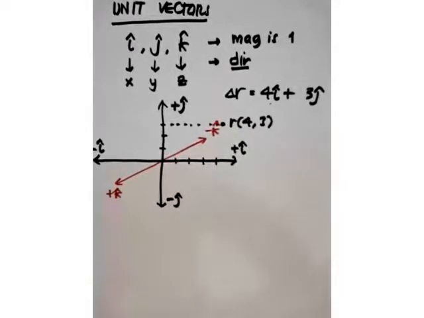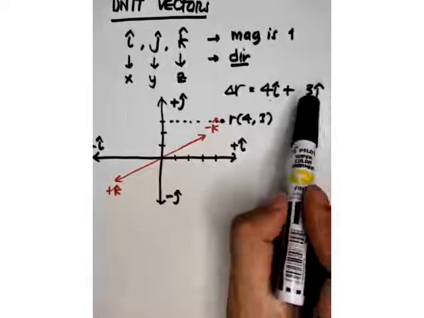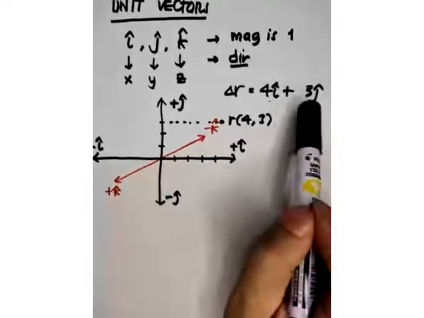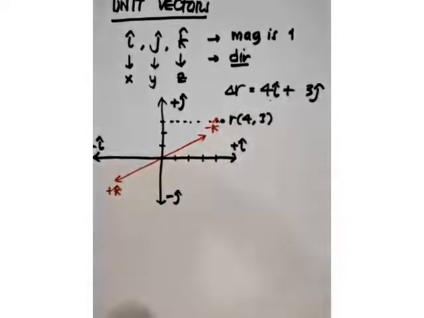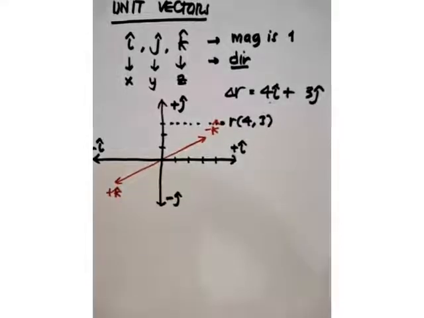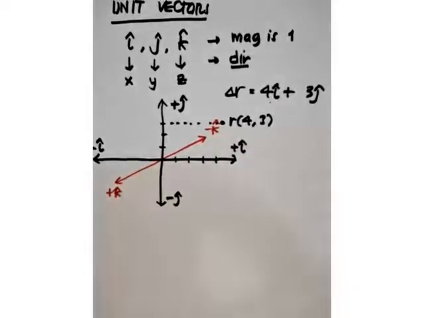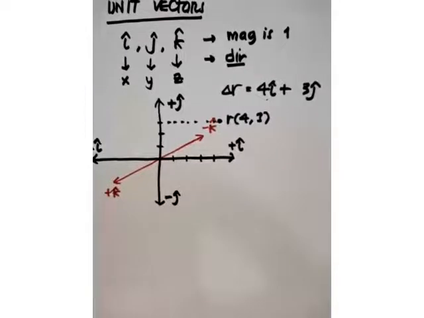Hindi pwede natin silang i-add, kasi sa algebra, pag hindi sila like terms, hindi natin sila pwedeng i-add. So yan ang nagiging purpose ng mga unit vector, pang-direction. Nag-move along 4 units along X, at the same time nag-move siya ng 3 units along Y. Okay? May question?